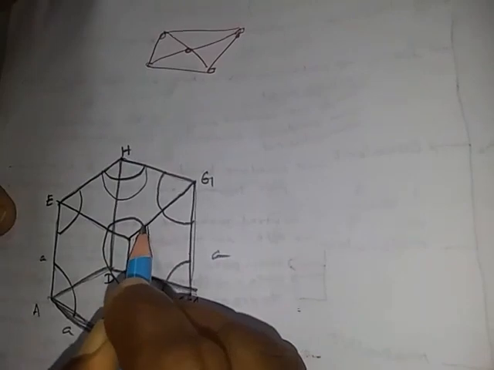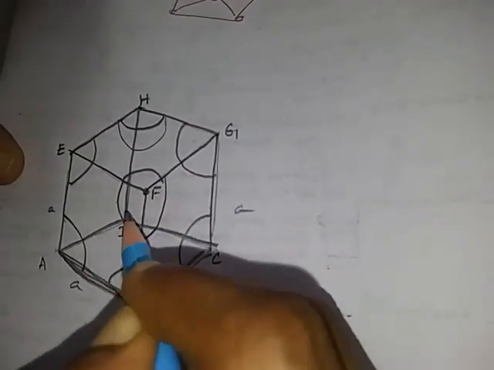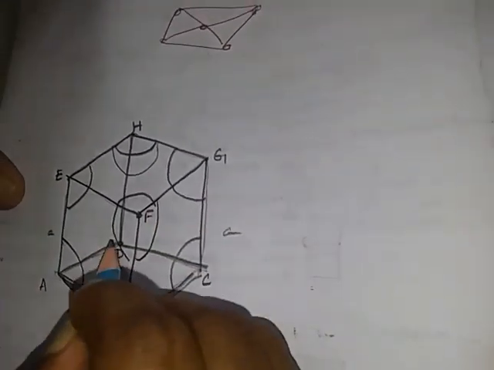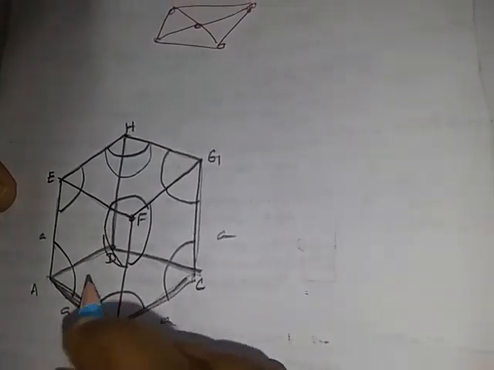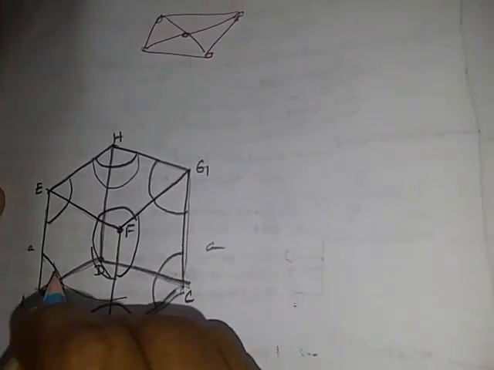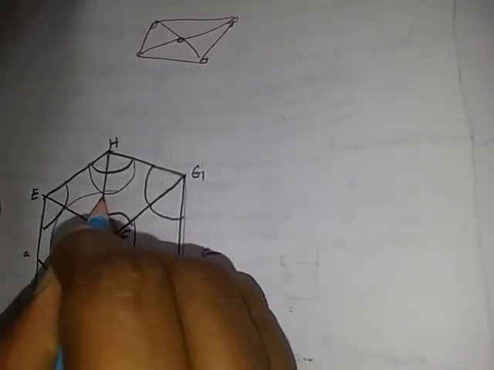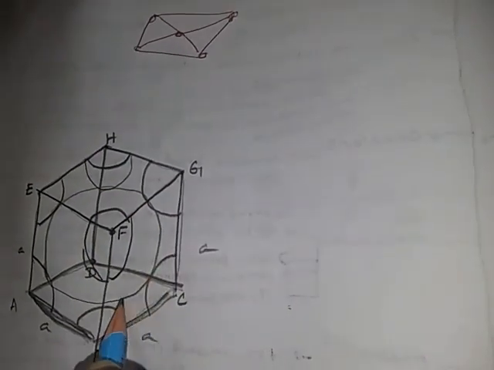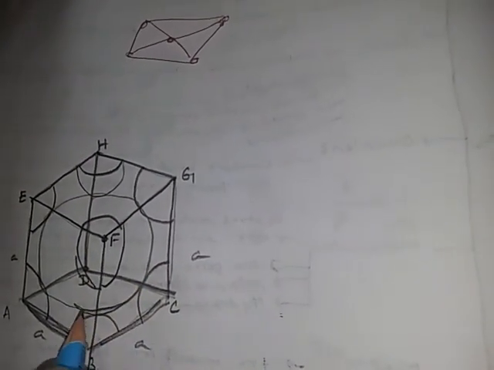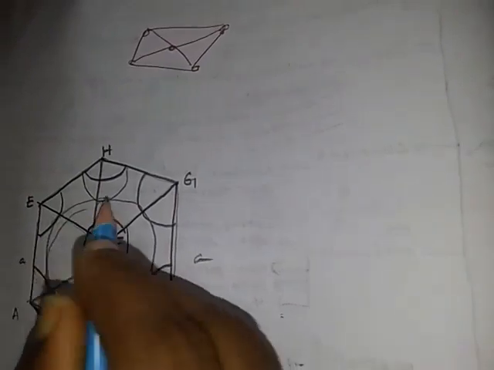This is the atom present at this corner and this corner. And now let us see the atom present at the center. It touches the atoms present at the corners like this. It forms a sphere like this.